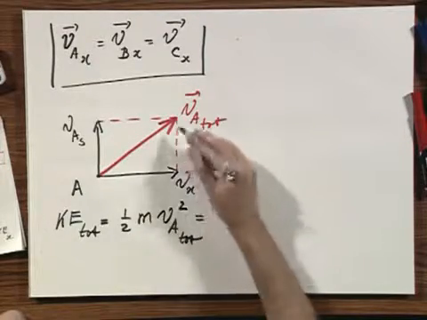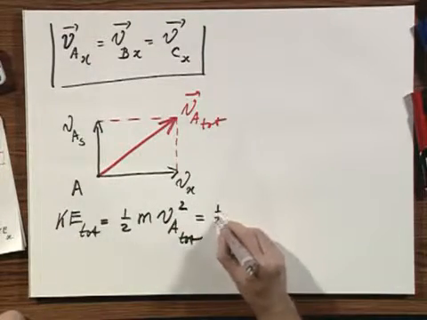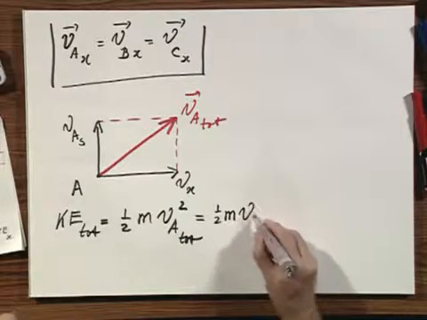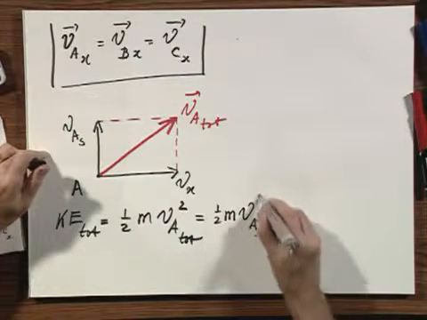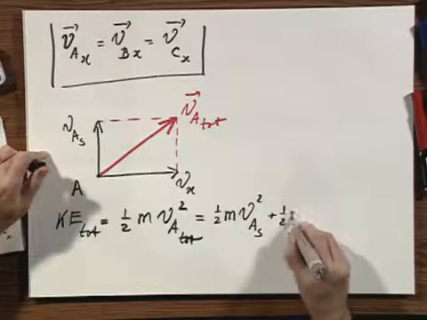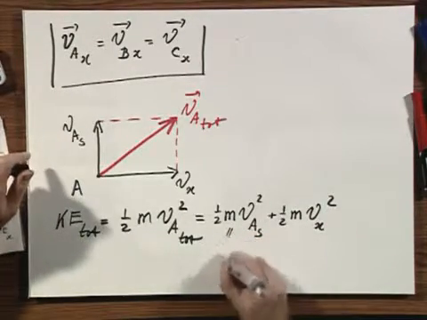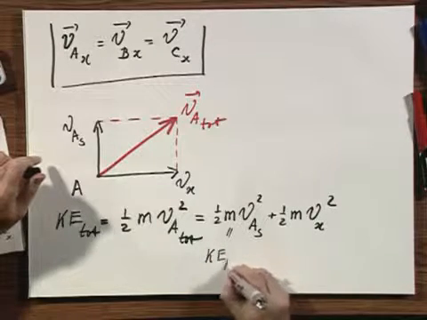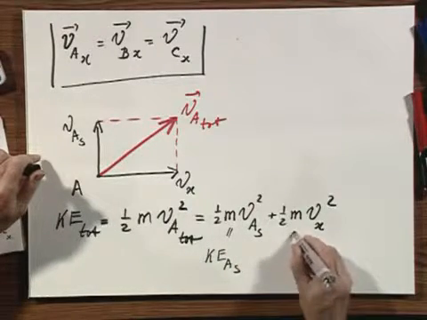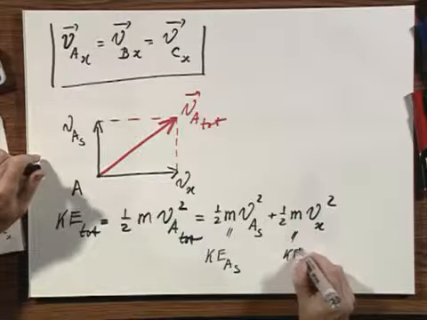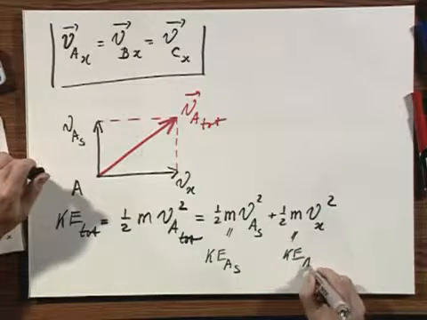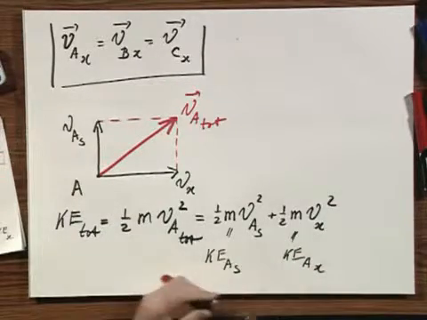But this, of course, according to Pythagoras, is also 1/2 m times VAS squared plus 1/2 m times Vx squared. And this is the kinetic energy which is exclusively in the spring, and this is the kinetic energy which is exclusively in the motion in the x direction.